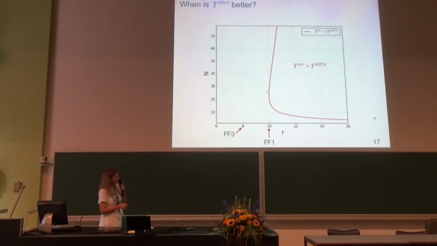These are equal to each other, T-iter and T-min. But for this upper side of the curve, T-iter behaves really badly. But again, I was interested in already R equal to 8 and R equal to 10, which is standardized in NIST.